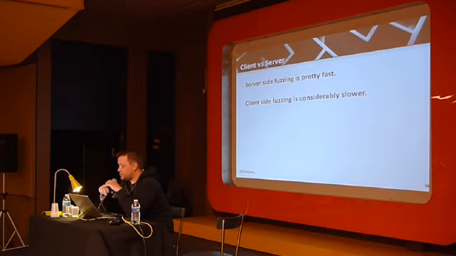Client-side fuzzing is very slow, because the problem is to automate the fuzzing, because you want the machine, like the Windows 7 or whatever Windows, to connect to your fake server. So basically you need to create some scripts. There's some library, some internal Windows API that you can use for that.